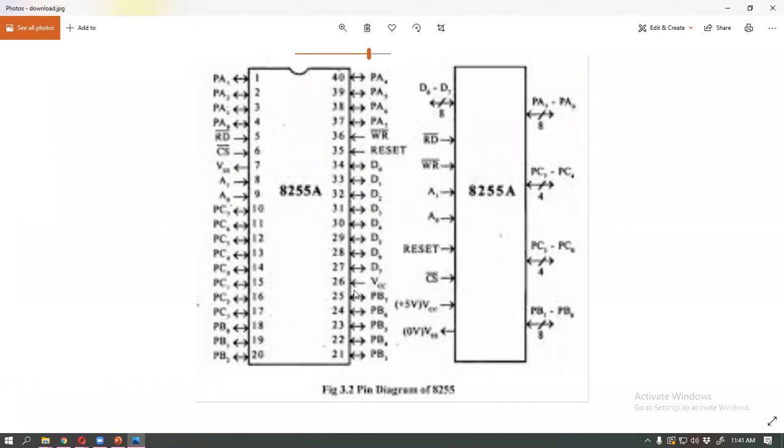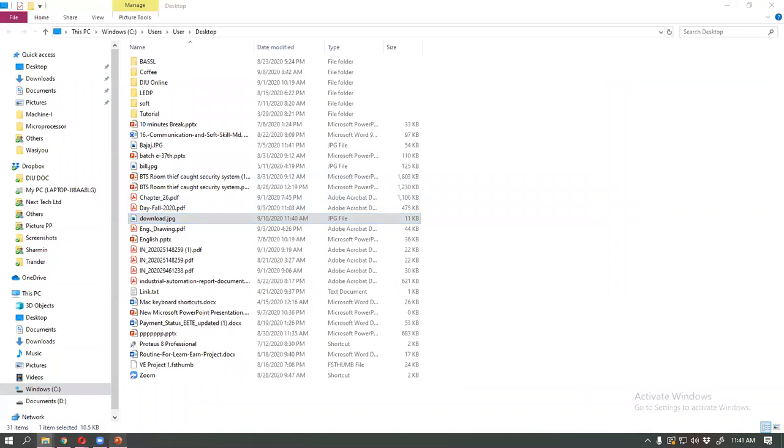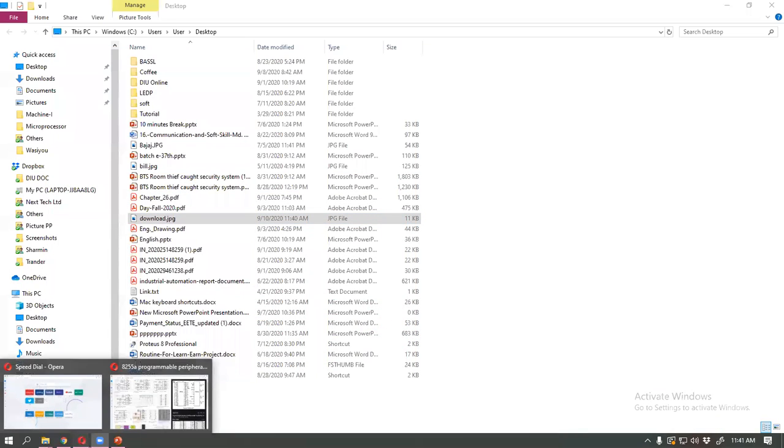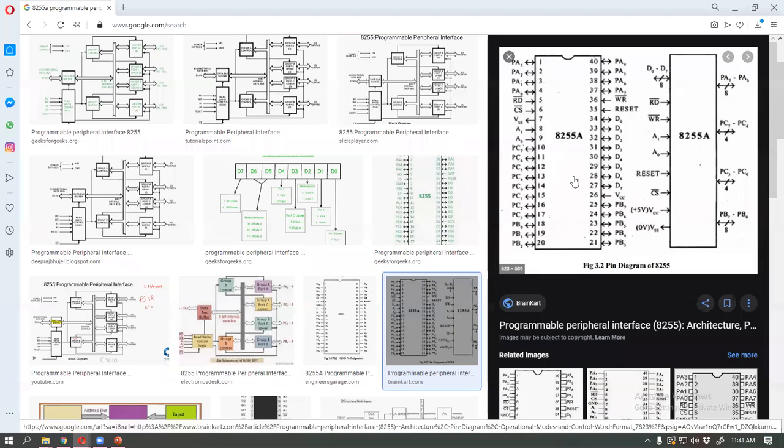Pin number 26 is VCC, is that clear? This is port A, 8 pins, port B, 8 pins, port C, 4 and 4, 8 pins, then D0 to D7, these 8 pins, and this also 8 pins, total 40 pins.